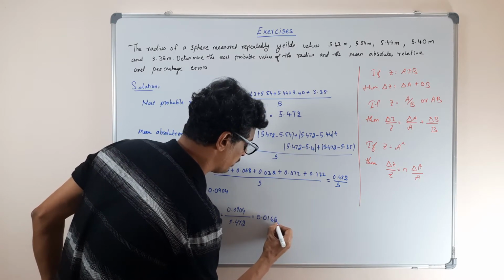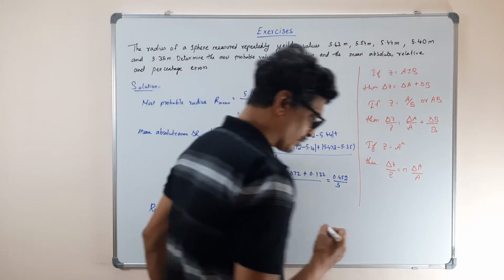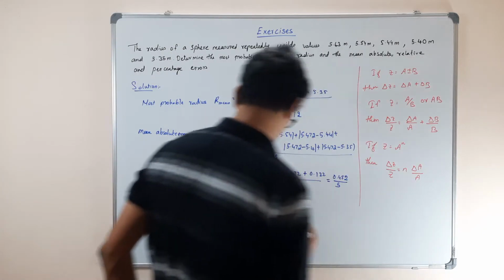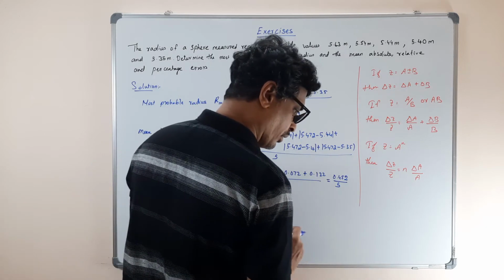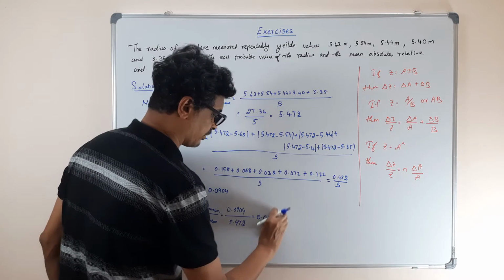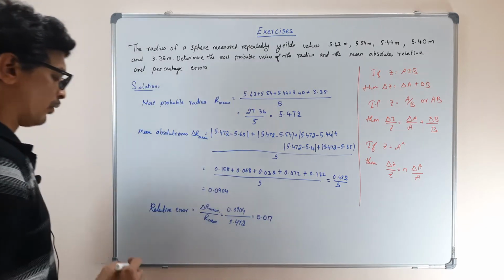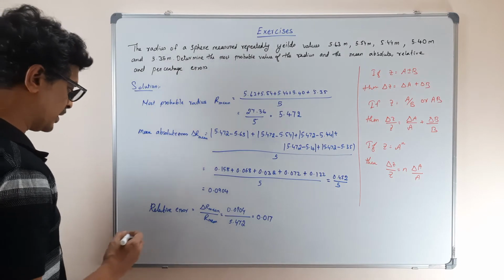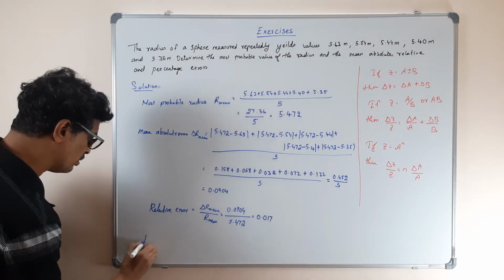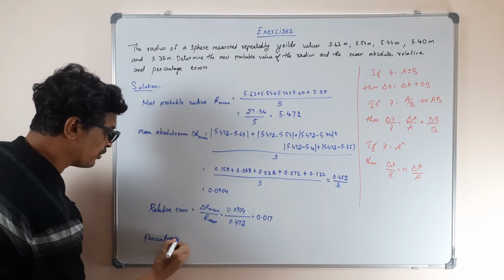0.0165, it's a big number. Those numbers are rounded off to 2 digits, so it becomes 0.017. Okay, so what will be the percentage error?